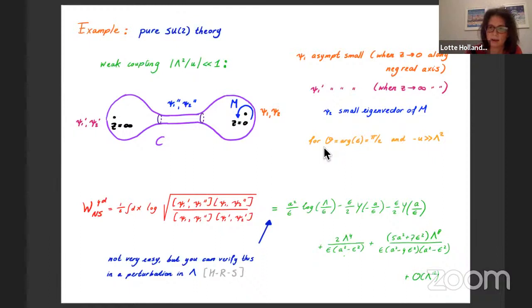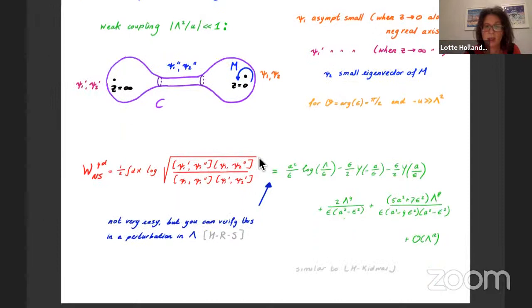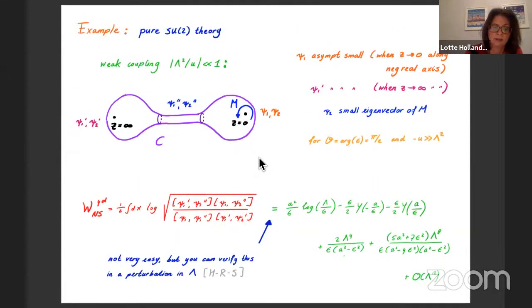Also, what I'm doing here is considering the SU(2) theory in the weakly coupled region, so I choose, in particular, minus u much larger than the scale lambda squared. Then the reformulation of the superpotential in terms of these solutions is as follows.